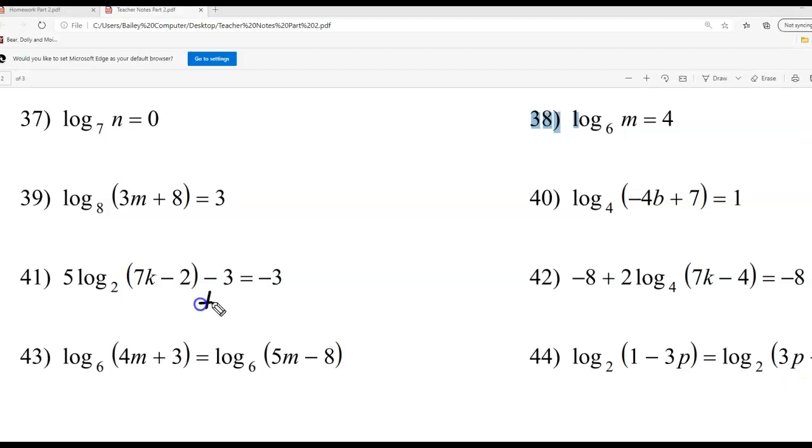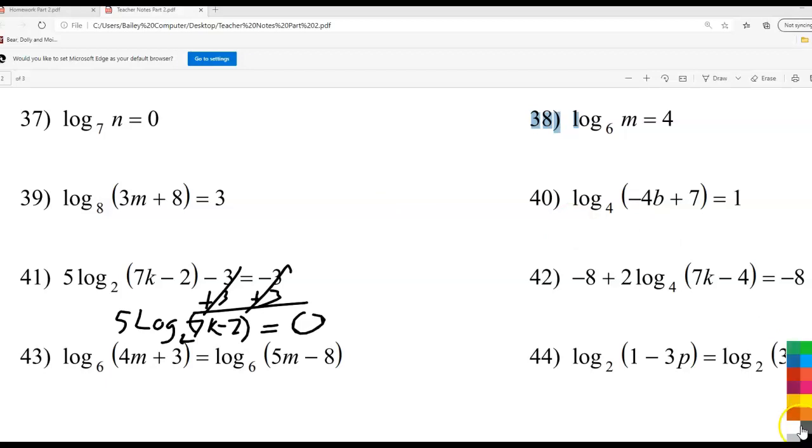So the first thing we're going to do is add 3 on both sides. So that 3 is gone. And this goes away too, but we have to put something there, so we'll put 0. And then at this point, you're going to divide both sides by 5.